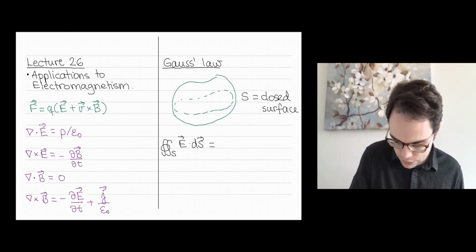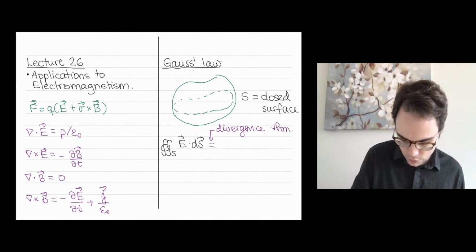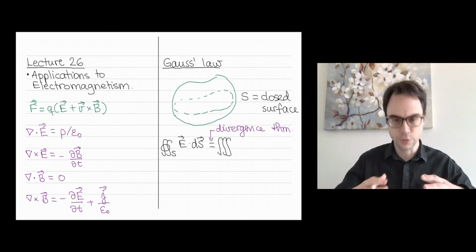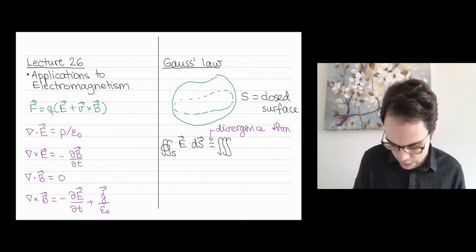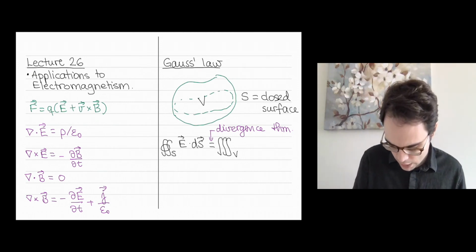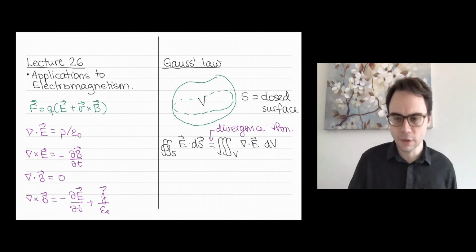First, I'm going to use the divergence theorem to conclude that this flux through this closed surface is equal to the triple integral over the region inside, I'll call it V, of the divergence of E times dV. This is a mathematical statement.